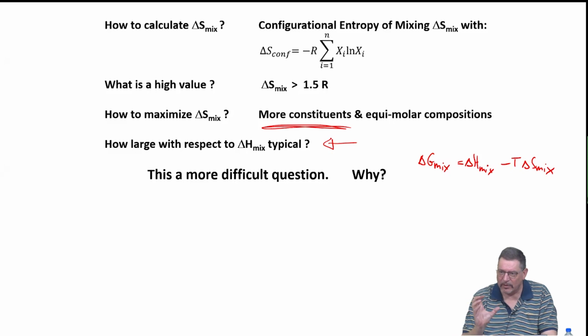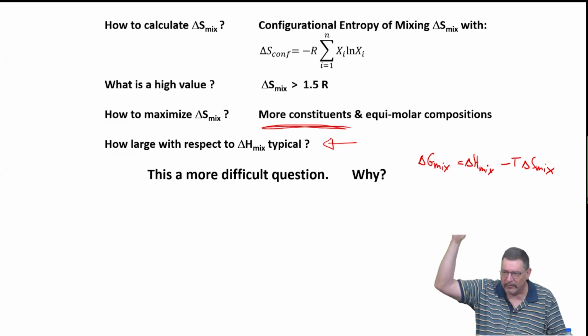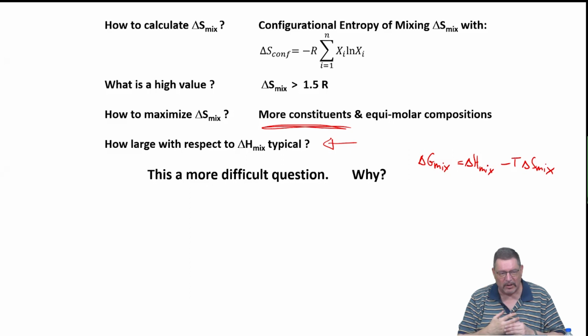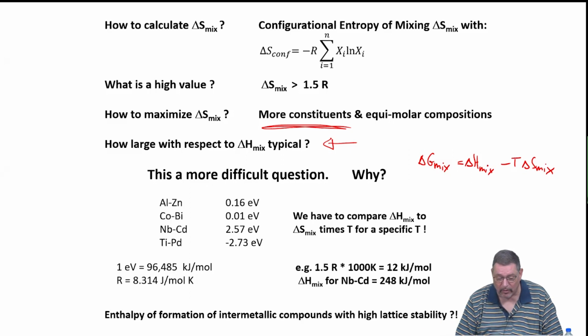So the quantity of delta H mix is as important or maybe even more important. If you have a very large delta H mix, you would need to put 20 components together in order to have a term temperature times delta S mix which beats that. Or you have to go to 5,000 Kelvin, where your material will be liquid. So this is really very important.